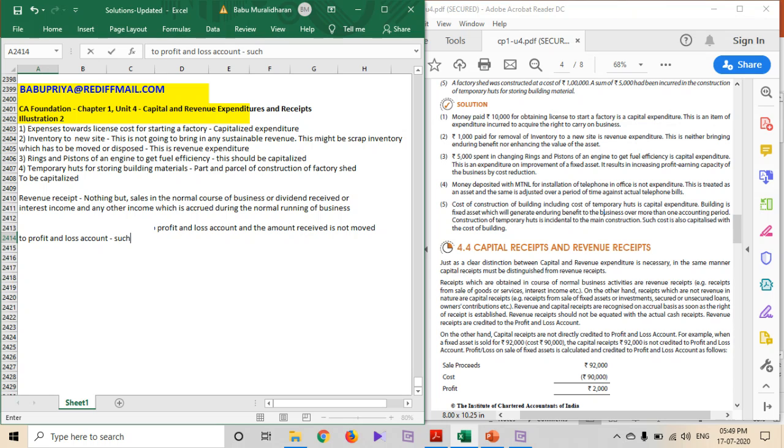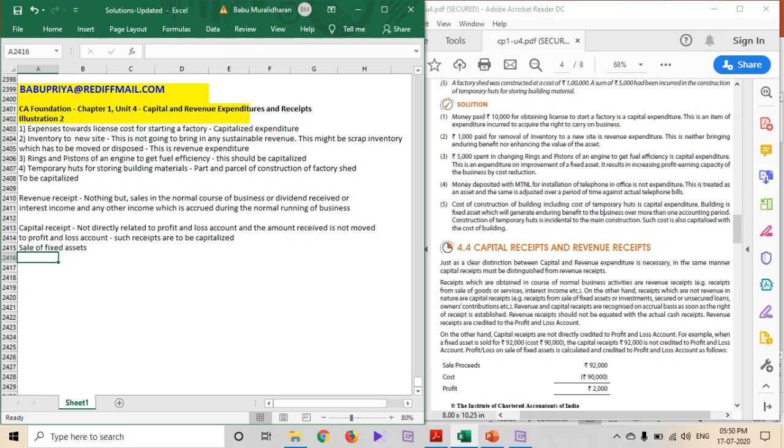Such receipts are to be capitalized, right? Example: sale of fixed asset. This is not a regular income that happens in the normal course of business, right? A sale of fixed assets should be treated as capital in nature.